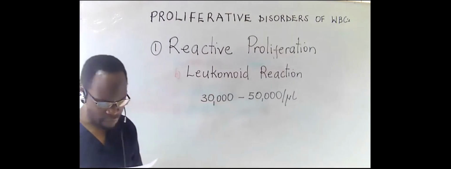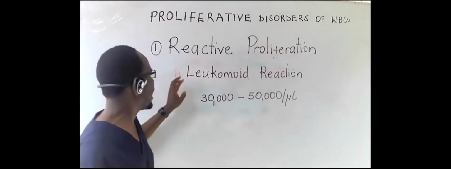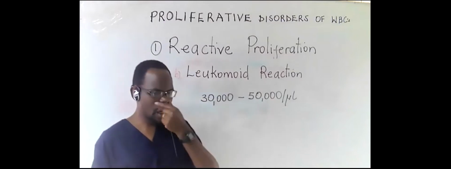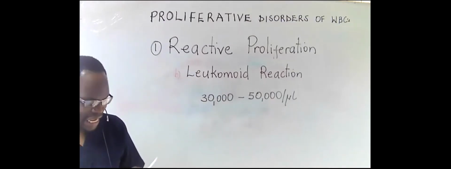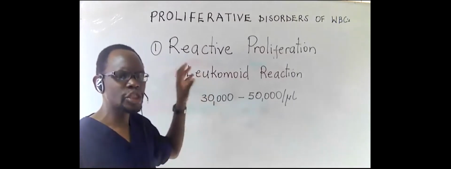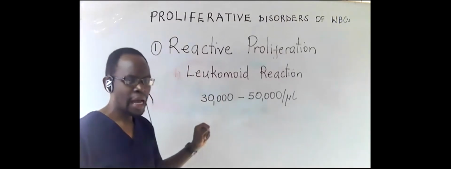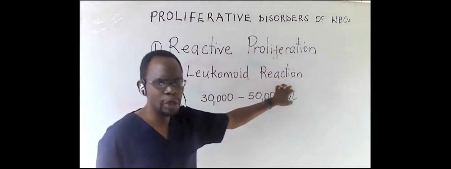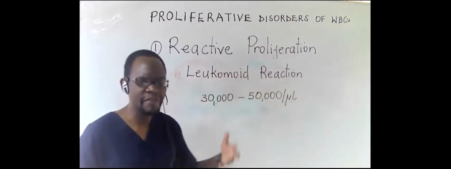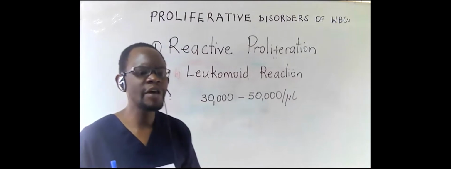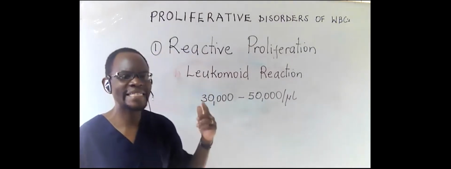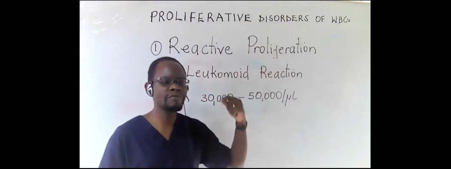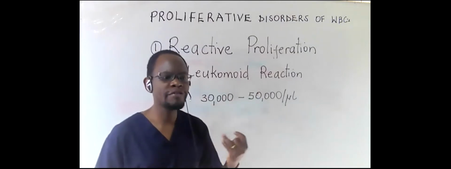Now, what are some of the things that cause an increase in the number of white blood cells in a leukemoid reaction? You have things like severe and sustained stress and trauma, which can bring about a leukemoid reaction, whereby you have a very, very increased number of white blood cells as a result of sustained stress, surgery, or even trauma.